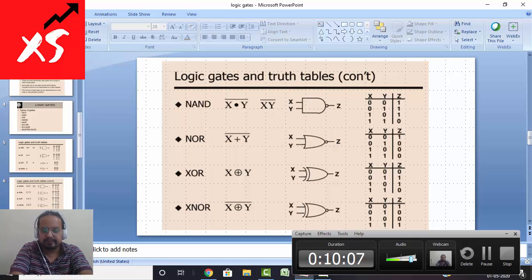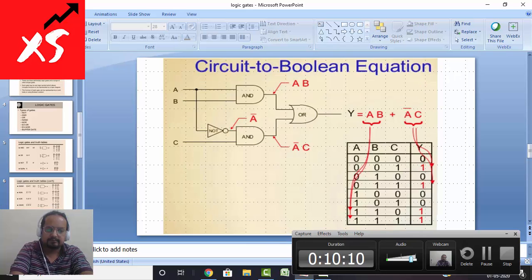Now, I've taken a general expression and tried to analyze the truth table by converting that circuit to a truth table. So all these things are related, right? These circuits, truth tables, these diagrams, as you must have understood from going through the gates. So let's have a look at this example.